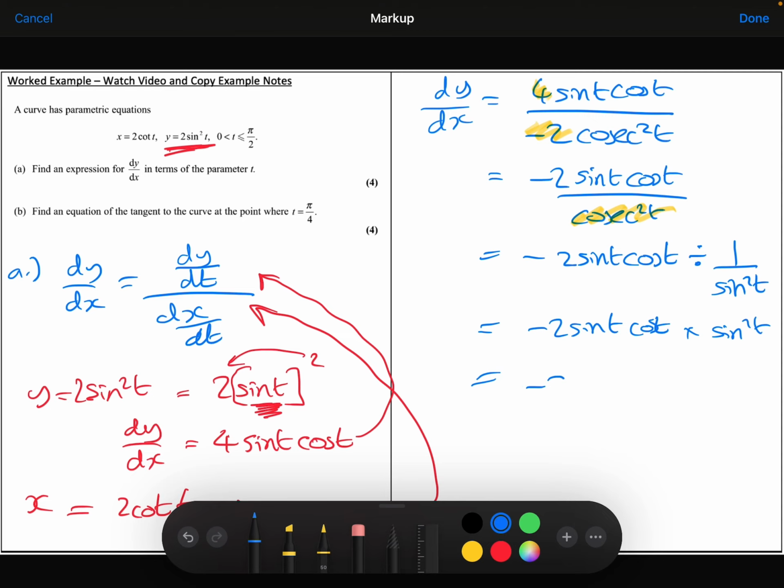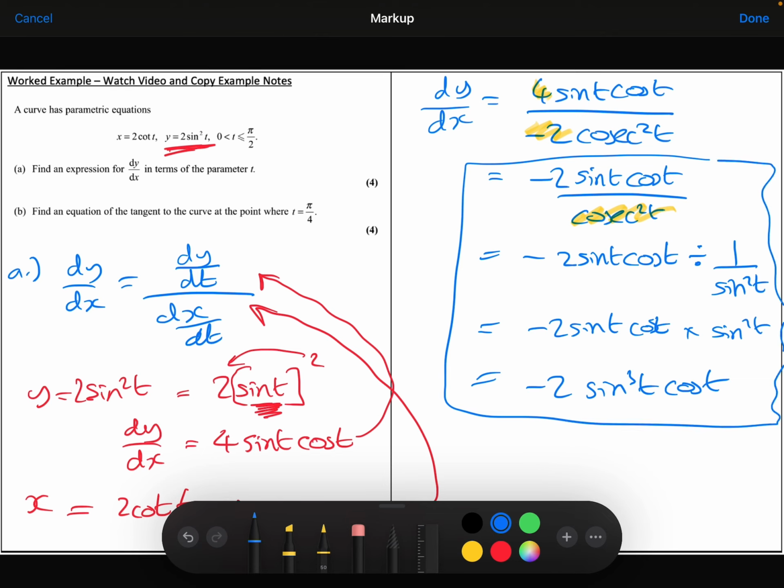Which would simplify to be minus 2 sine cubed t cos t. Like I say, I didn't necessarily have to do these steps here, but I think it's going to help me for part B of the question.